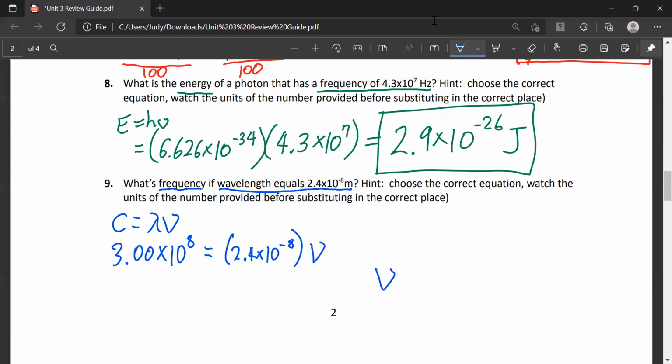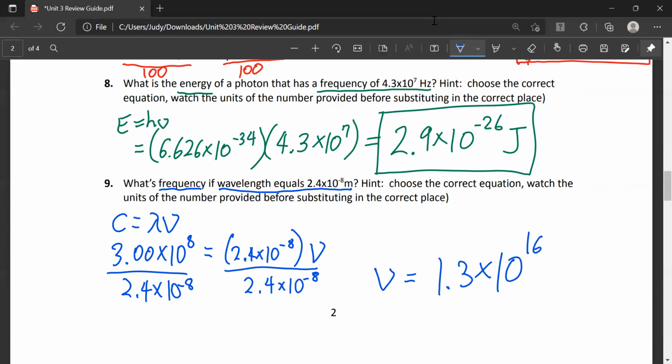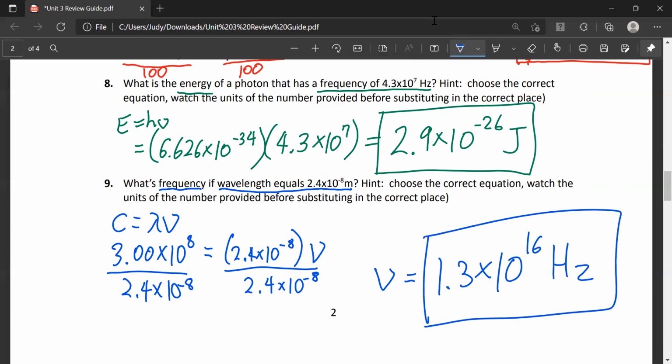So our ν, we have to divide on both sides the same number. And that should give you the answer of 1.3 times 10 to the 16th Hz. There you go. So feel free to pause the video to catch up.